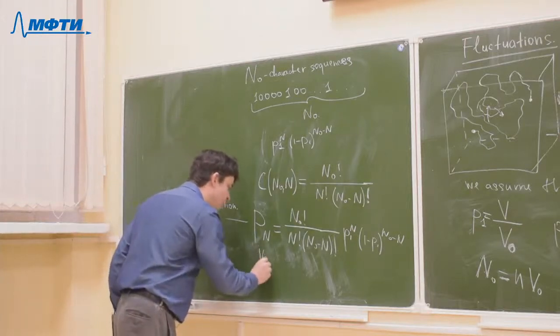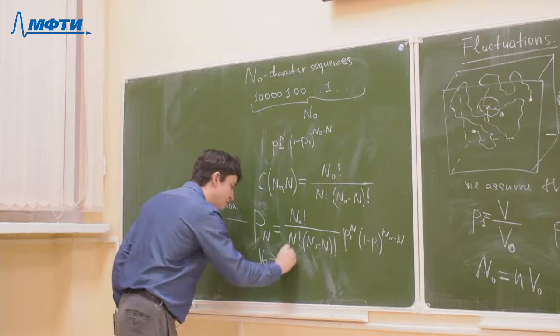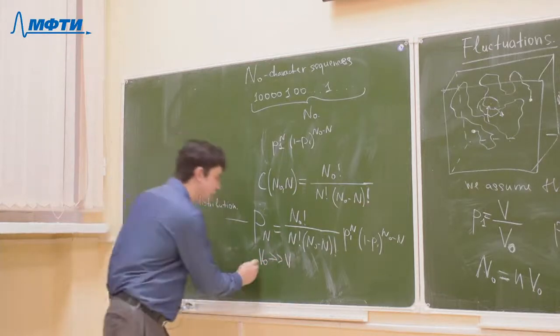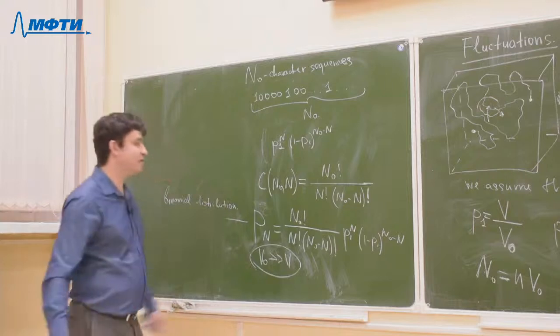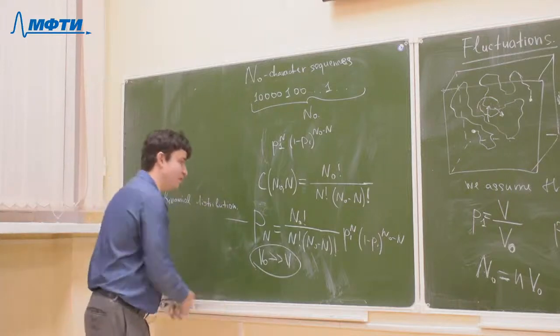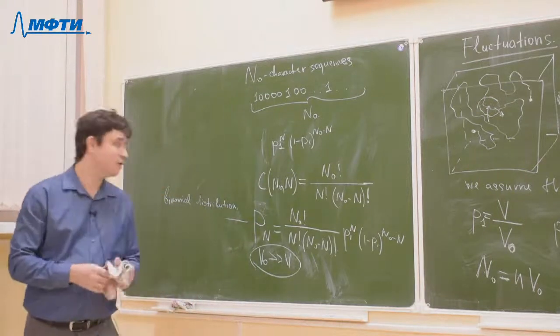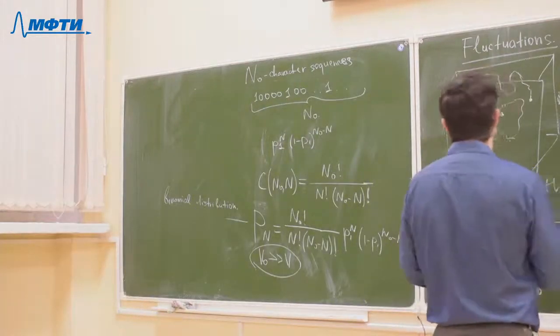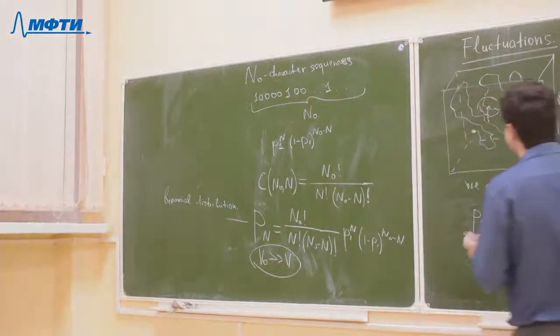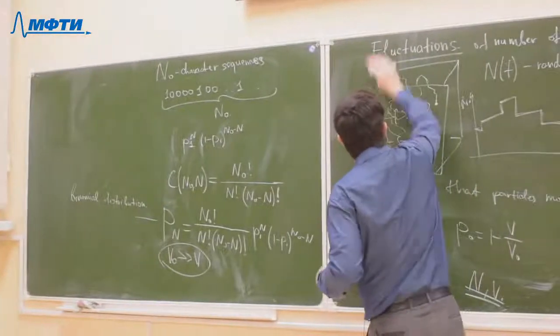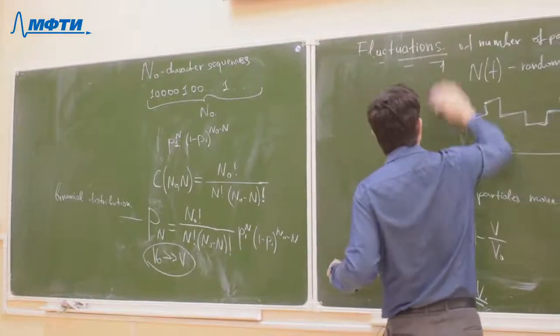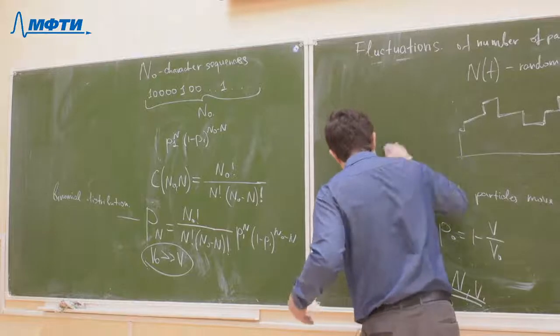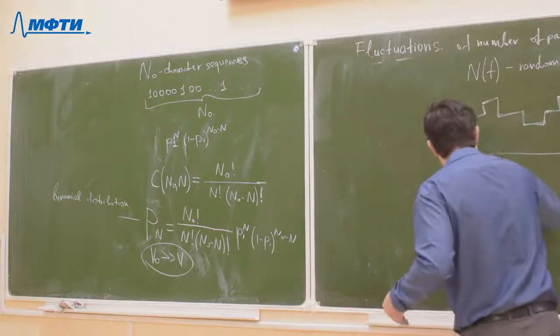So if the volume of the vessel is much larger than V, then we can get another kind of a distribution from this function, which would better describe the probability to have n particles inside the selected volume.